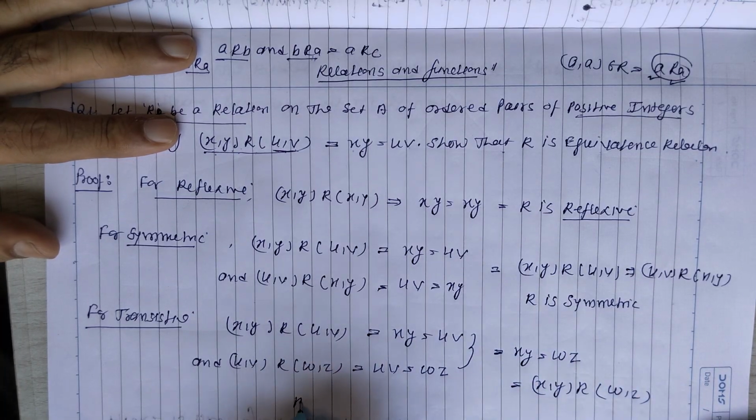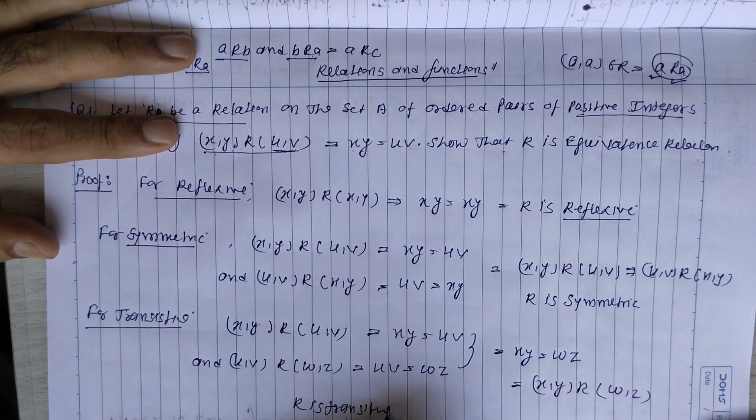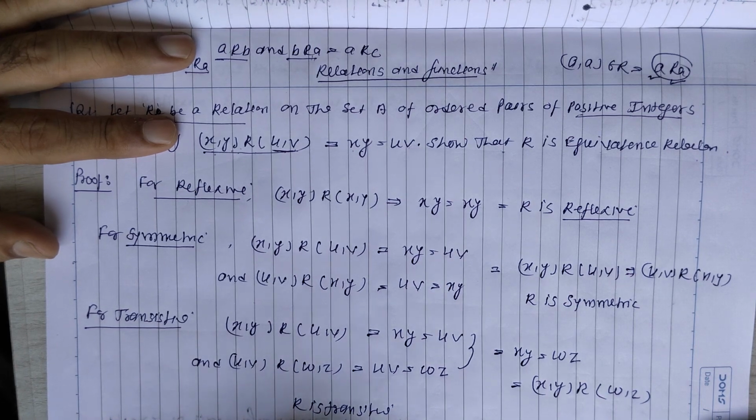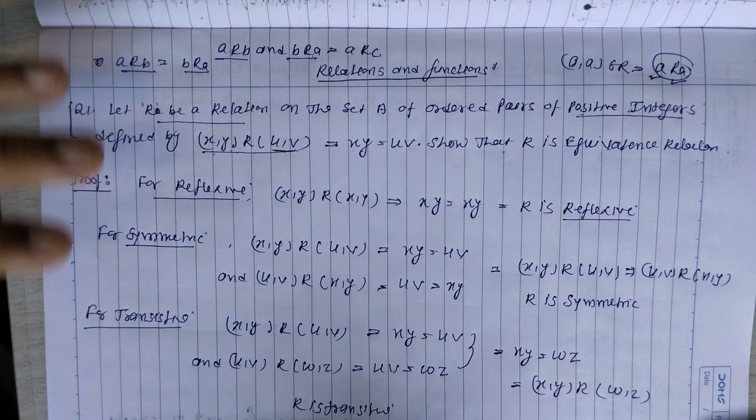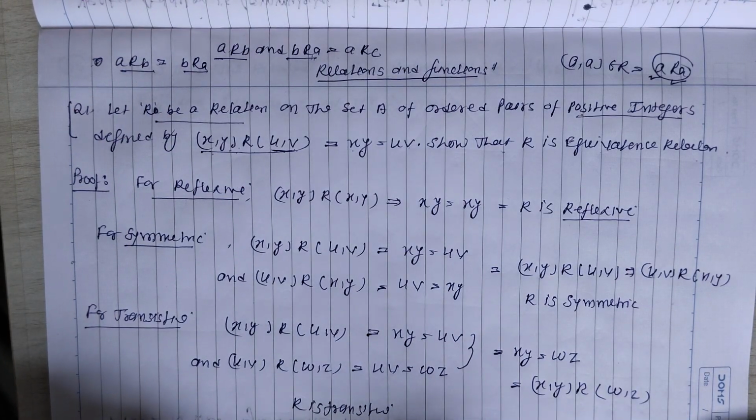It shows that R is transitive. Therefore R is an equivalence relation.